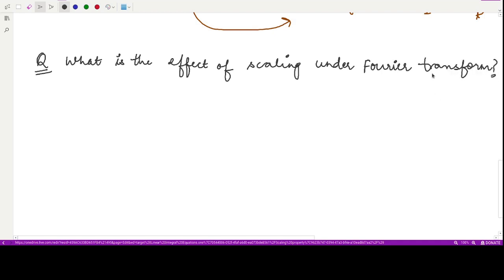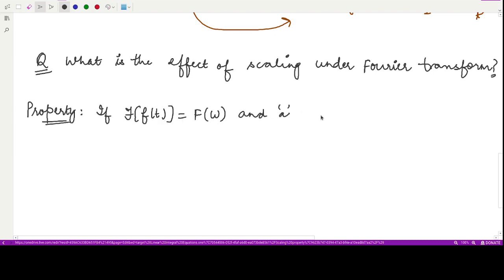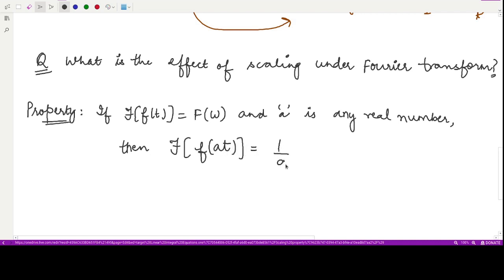To see the effect of this, we have a property which states that if the Fourier transform of some function f of t is defined by capital F of omega and a is any real number, then the Fourier transform of f of at would be equal to 1 by a capital F of omega by a.